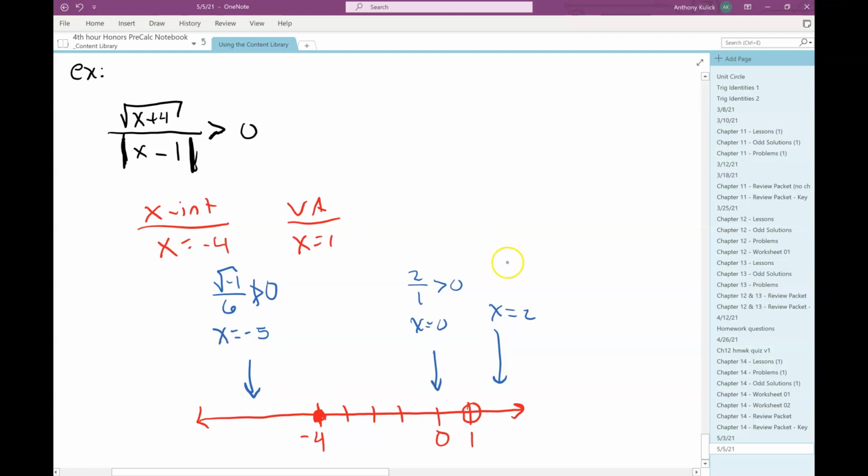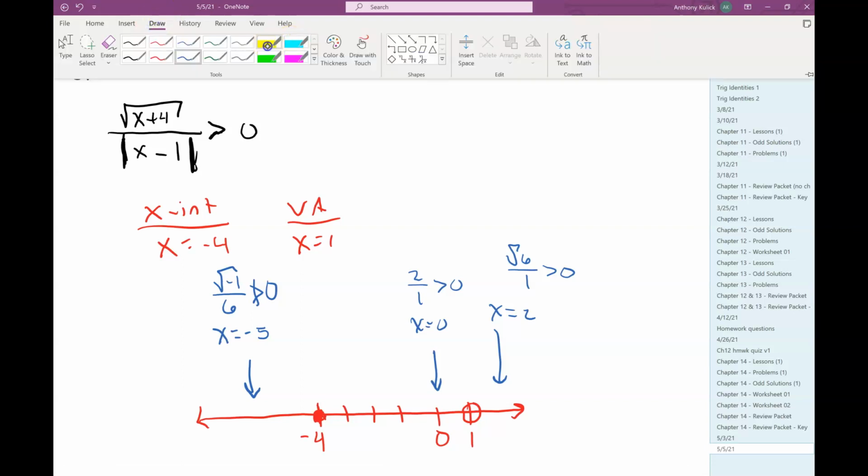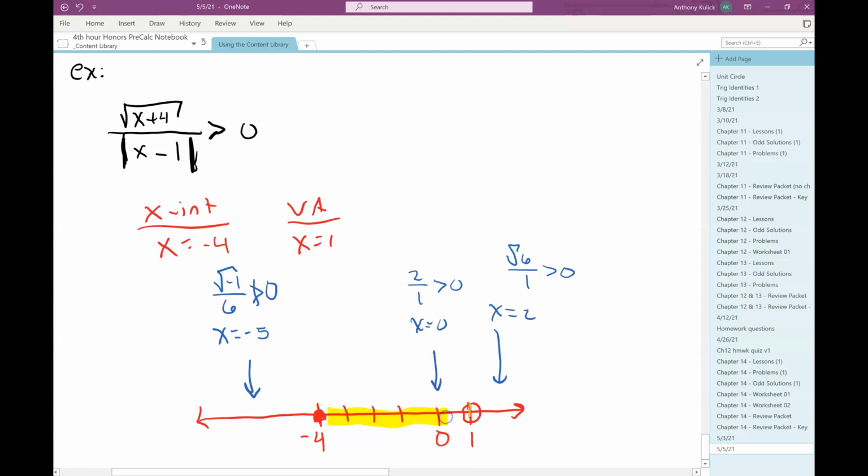And if I plug 2 in, I have square root of 6 over 1, which is also positive. So the pieces that I want then are this middle piece and this end piece. Everybody okay with that?